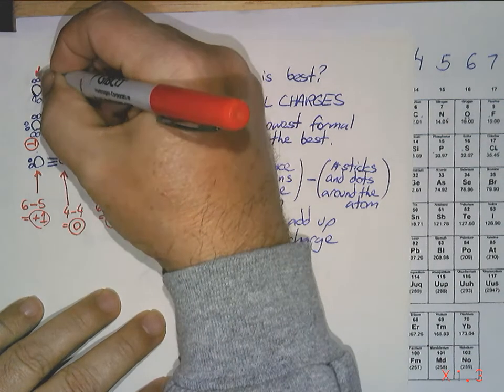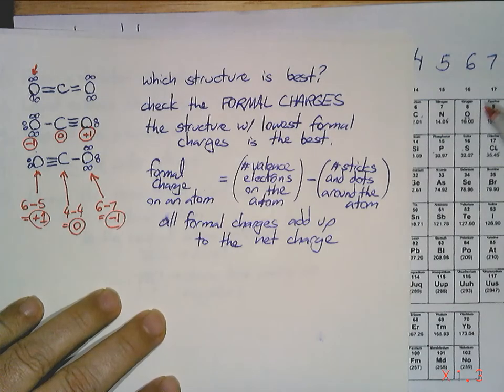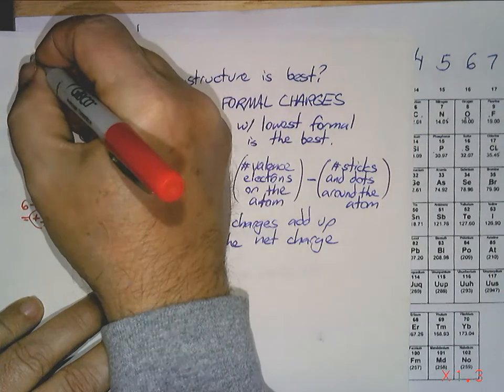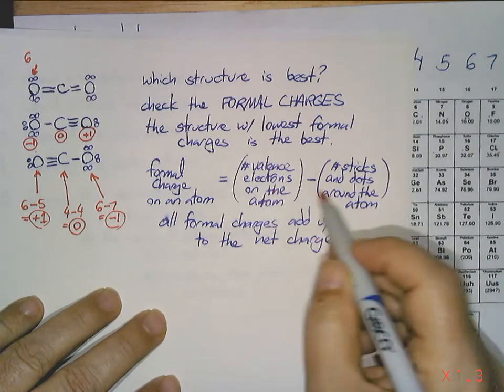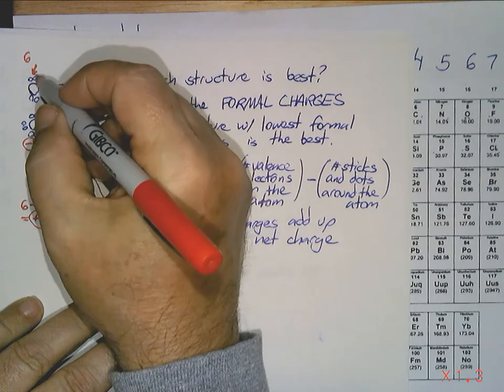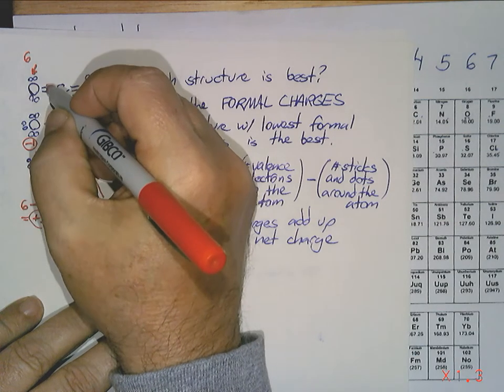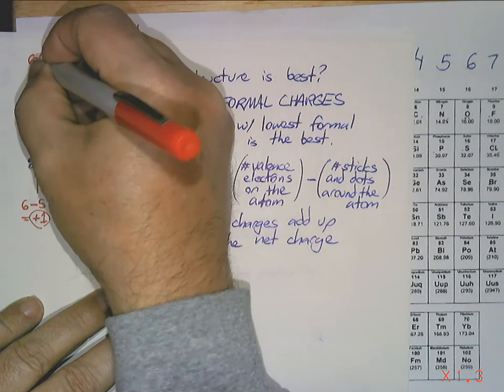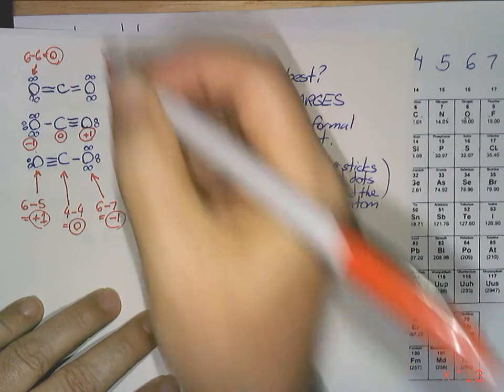What do I have on this oxygen? Oxygen has 6 valence electrons minus the number of sticks and dots. 1, 2, 3, 4, 5, 6. 6 minus 6 equals 0.